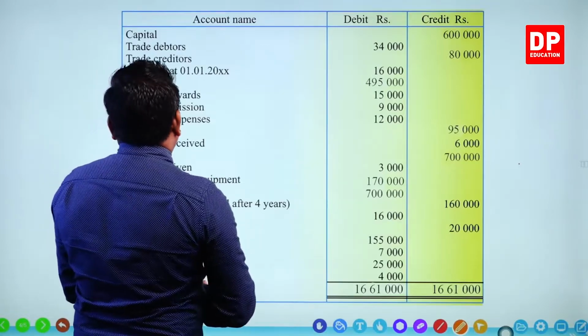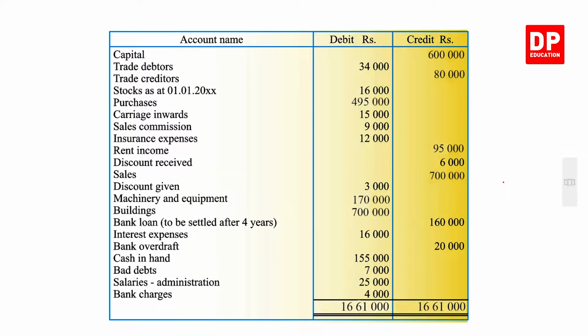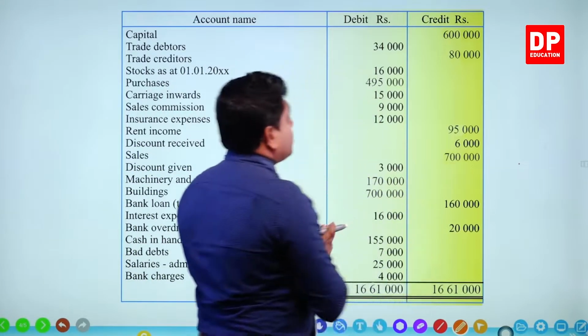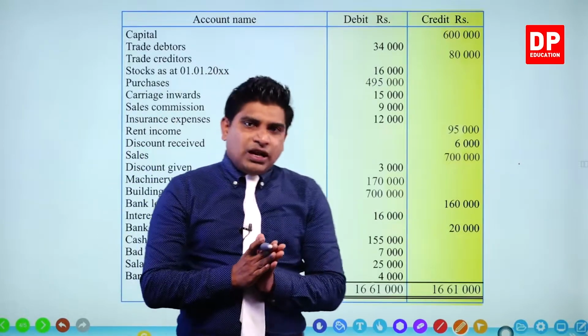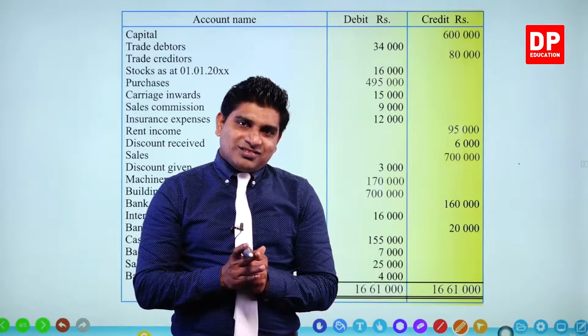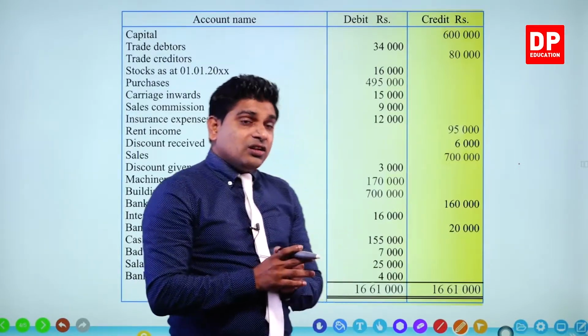Everyone look at here. This is the question, right? You can see this is a trial balance. This trial balance, they have given some details in the business. Capital. Remember, capital where we put? To the profit and loss statement or statement of financial position. Statement of financial position.